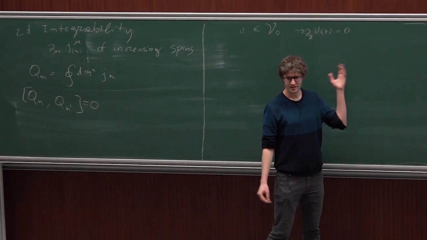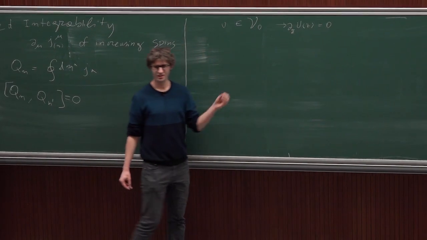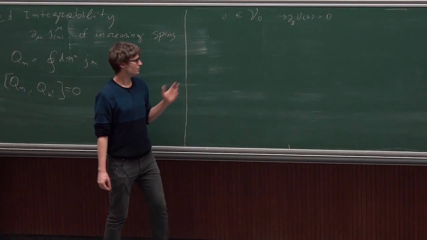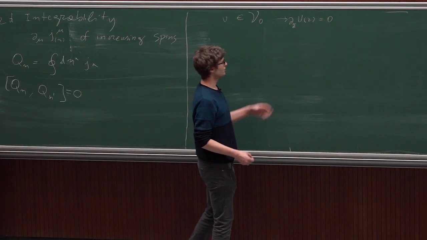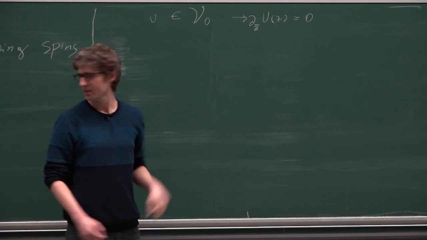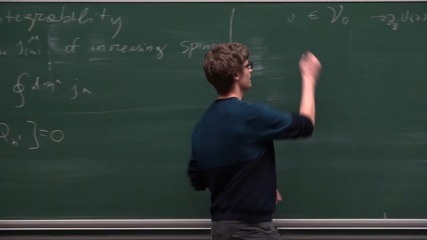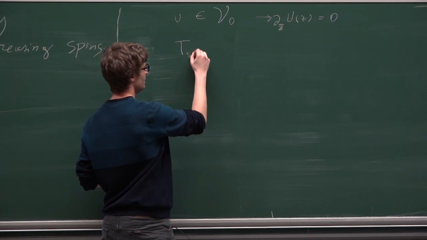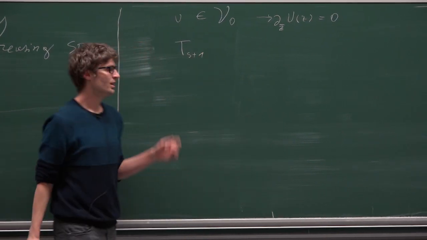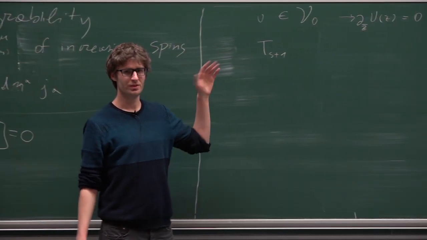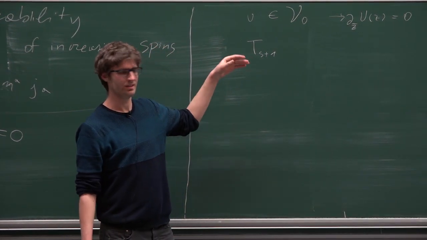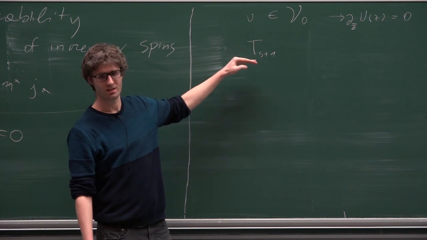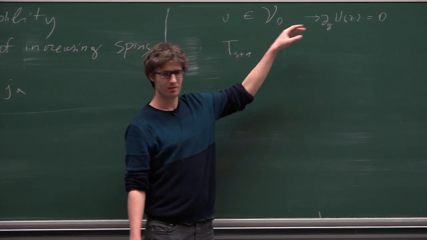I will consider the case where there is only the Virasoro algebra and there are no other structures like W algebra. But you find that you can define these currents, and I will denote them as T_{s+1}, where s will be an odd integer, and s+1 is the spin of the currents. And so they appear at level s+1 in the Verma module of the identity.